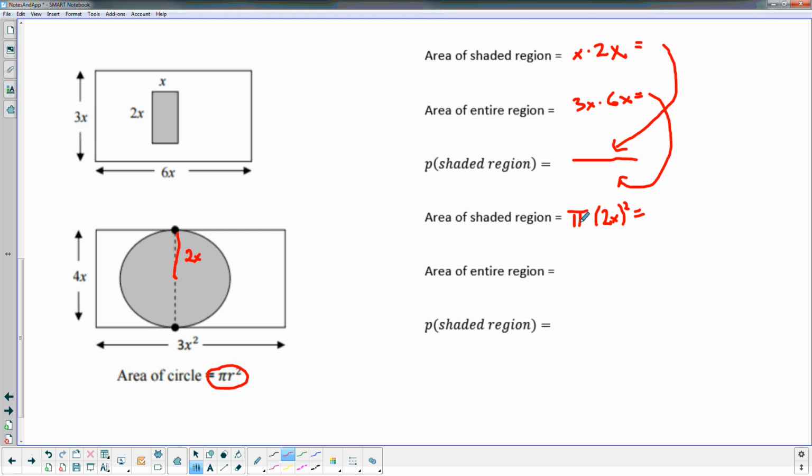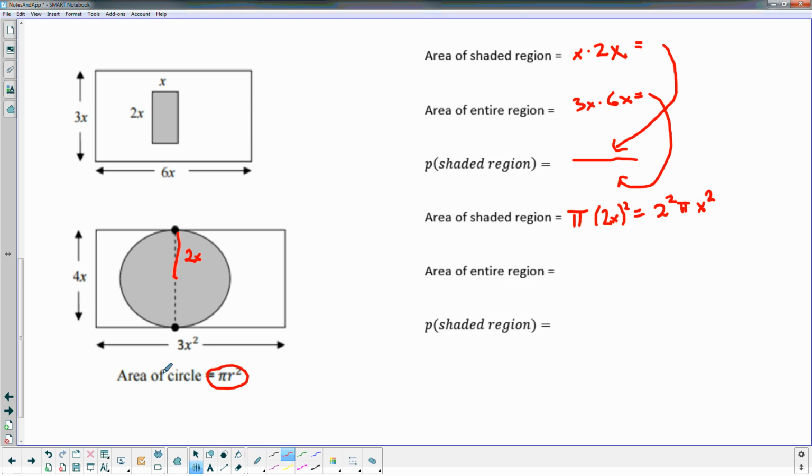I'm actually going to put the pi right after the number, but I'm going to get 2 to the second power times pi times x to the second power. No real reason to put that pi there other than just normal convention. That's just the way that we typically write that.